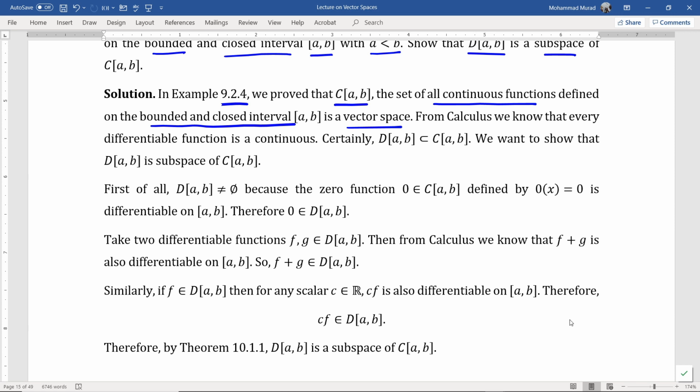From calculus, we know that every differentiable function is continuous. Certainly, the set D is a proper subset of the set C, since not every continuous function is differentiable.